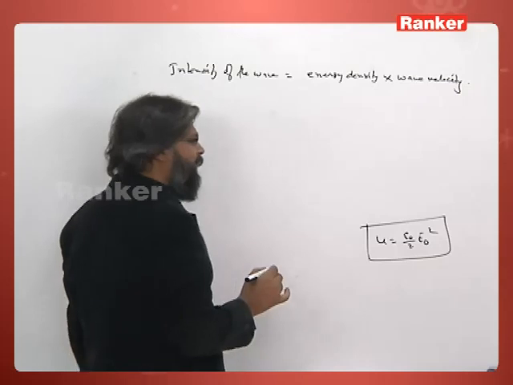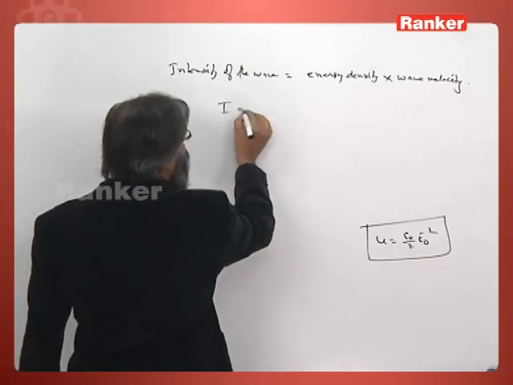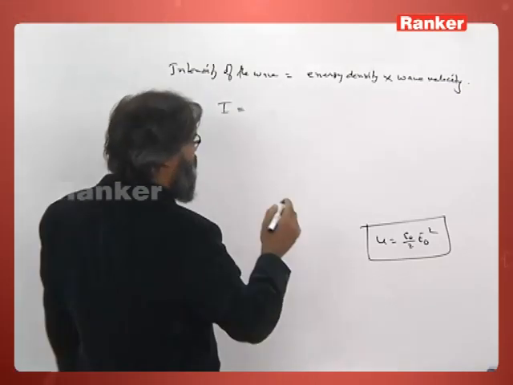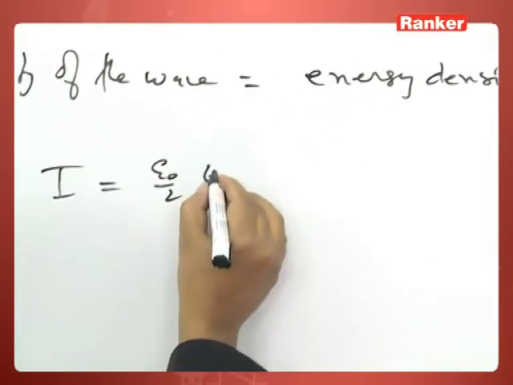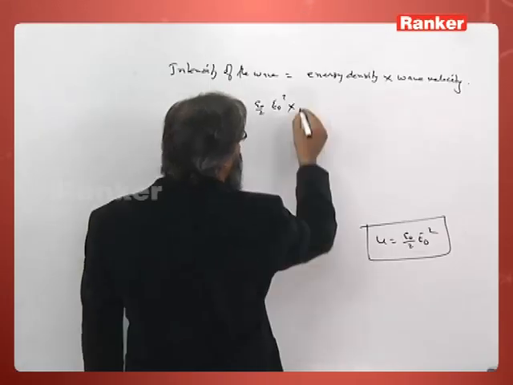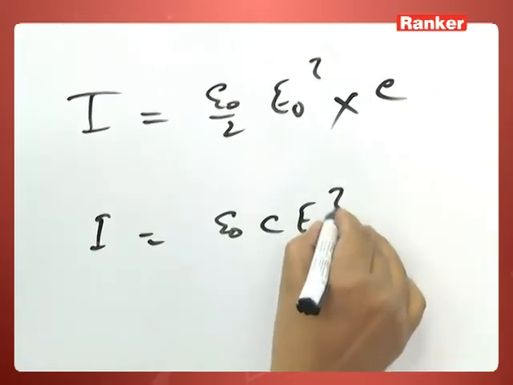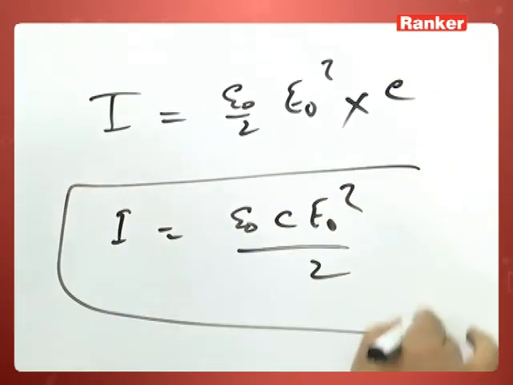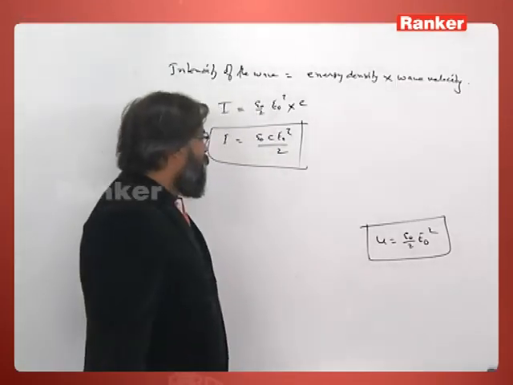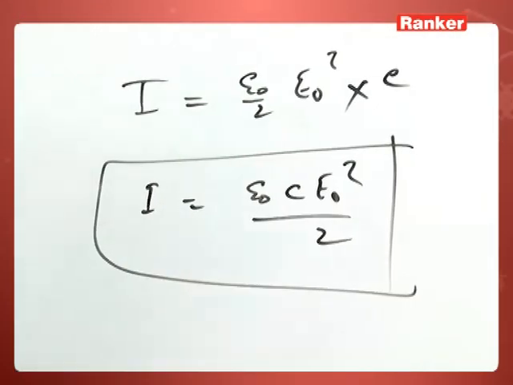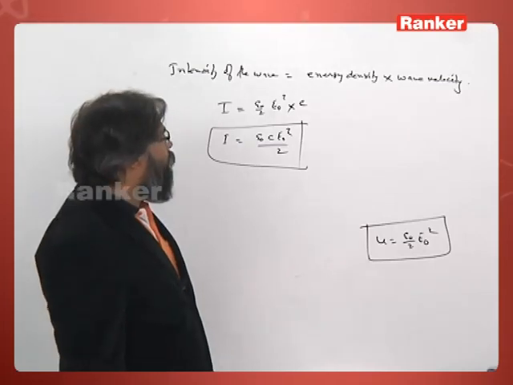I is equal to energy density, which is epsilon naught by 2 E naught square, into wave velocity C. So this is epsilon naught C E naught square by 2. This is how the energy is carried by an electromagnetic wave.